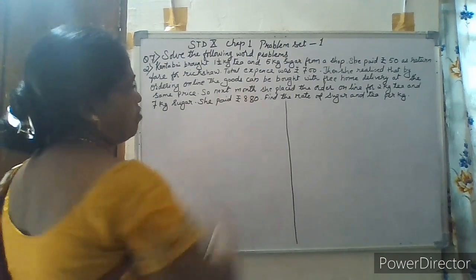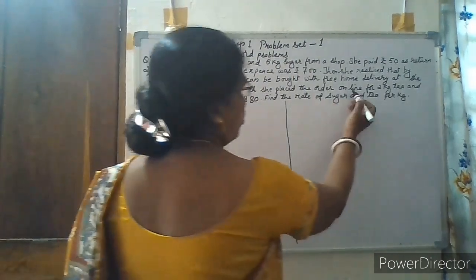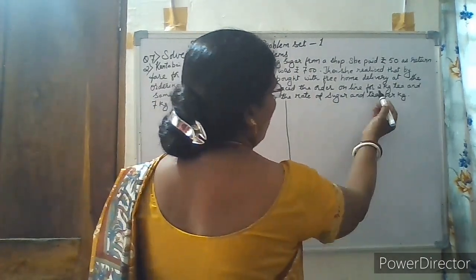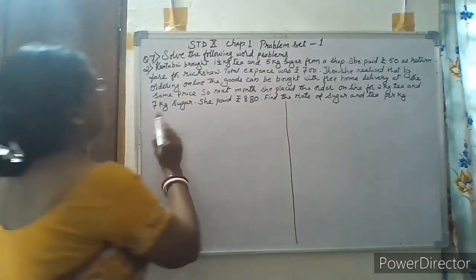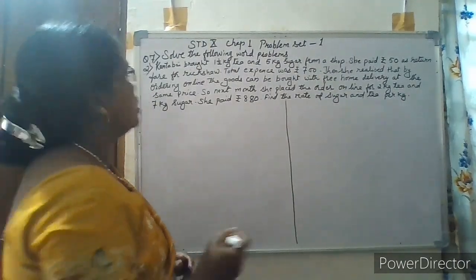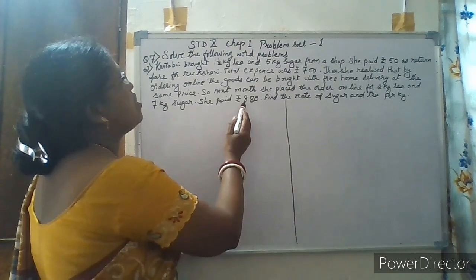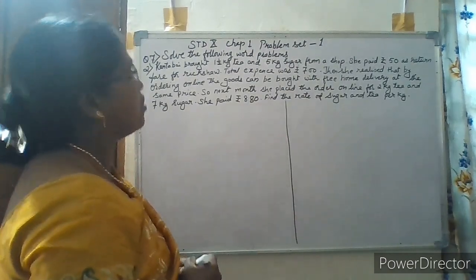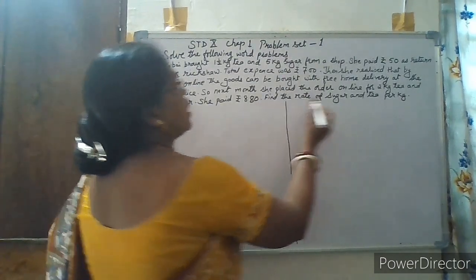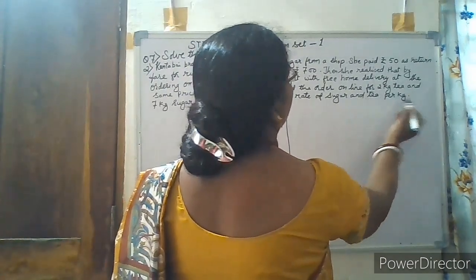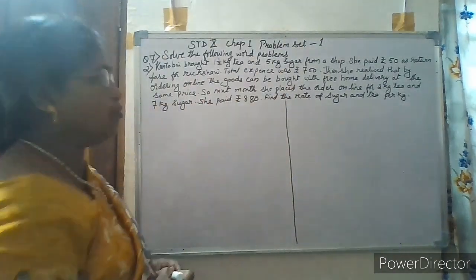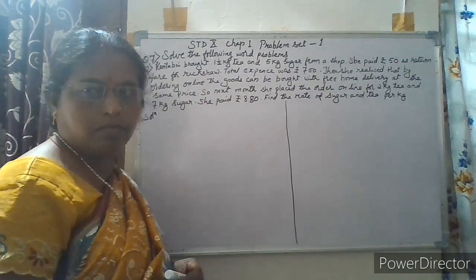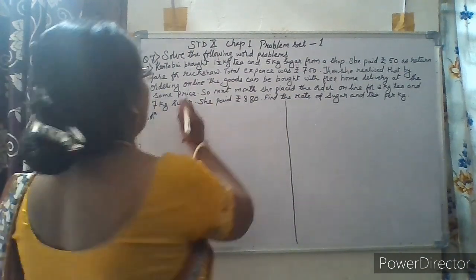So next month she placed the order online for 2 kg tea and 7 kg sugar. She paid rupees 880 for this. Find the rate of sugar and tea per kg. So this is what we have to find out. Now let us start with the solution.